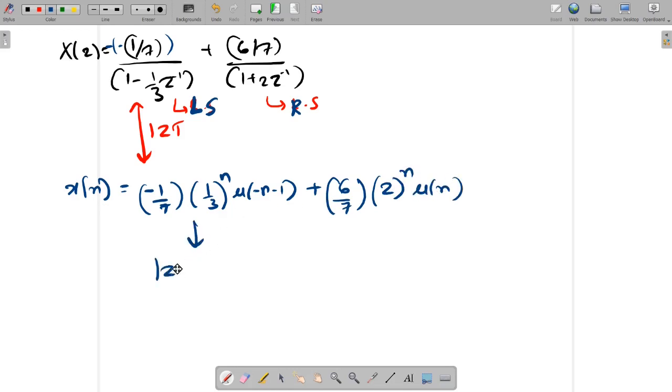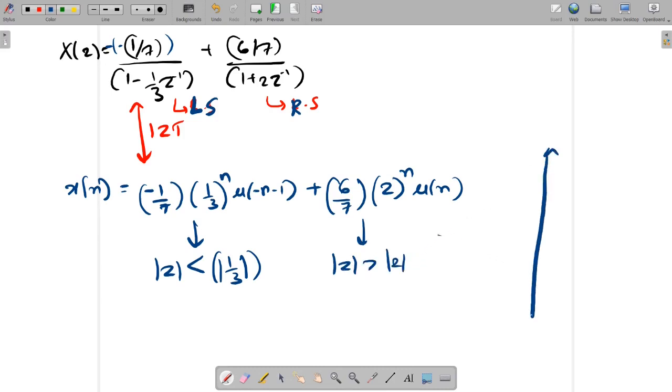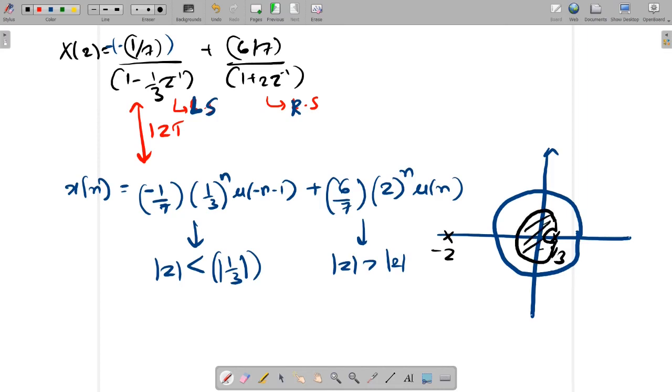What is the ROC for this? Mod z is less than, right? 1 by 3. What is the ROC for this? Mod z is more than 2. So if you draw the ROC, let us see what happens. This is my unit circle. Poles are at 1 by 3 and minus 2. What is the first pole? Mod z is less than 1 by 3 means something like this, less than 1 by 3.